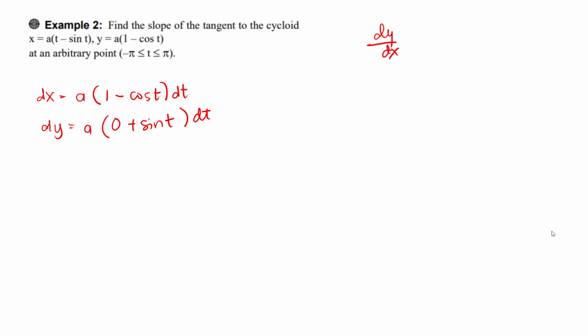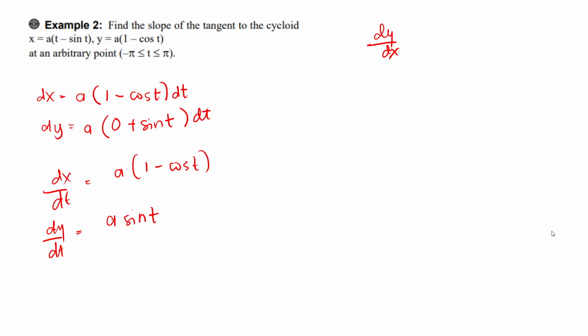So we have dx over dt, which is equivalent to a times 1 minus cosine t, and dy over dt, which is equivalent to a sine t.